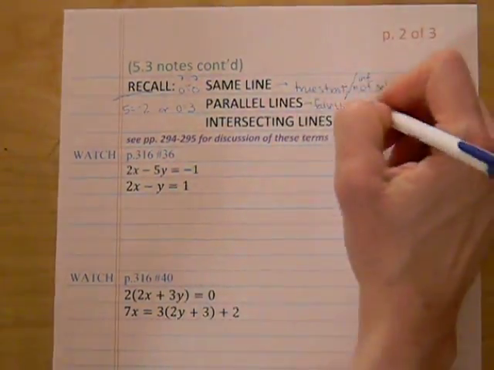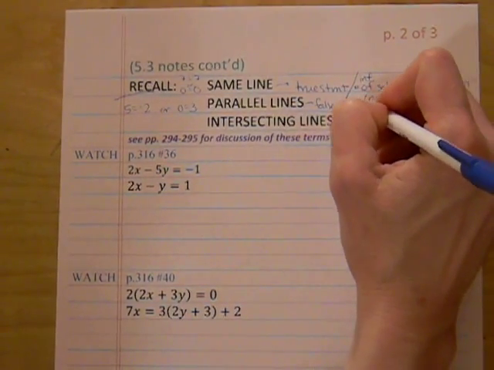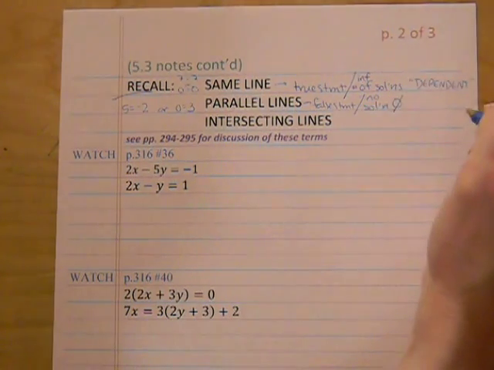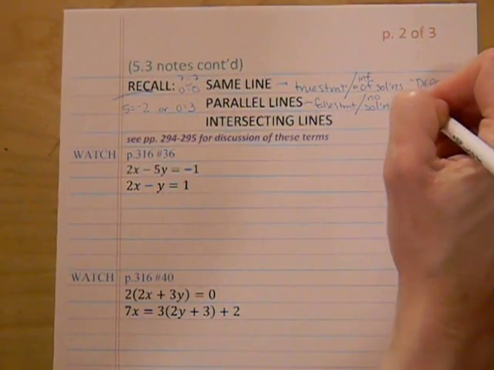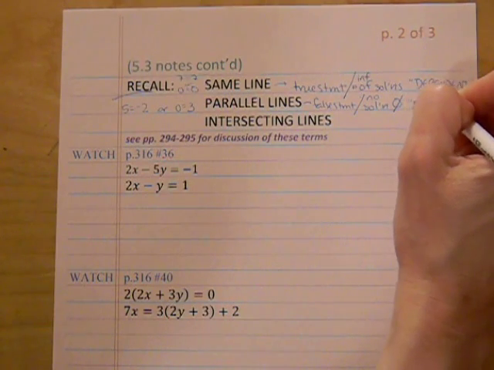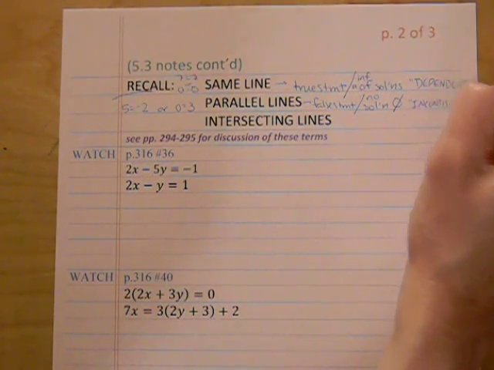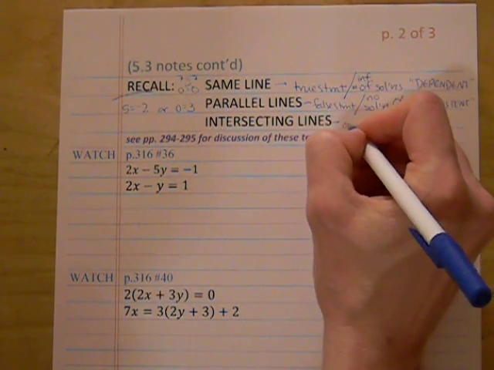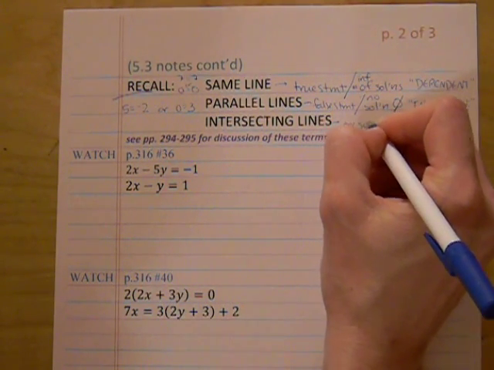Something that's false, it's not true. In that case, you'll get no solution, or you can write it as the circle with the slash through it, and it's known as an inconsistent system. Or the lines intersect where you get 1 point, 1 solution.